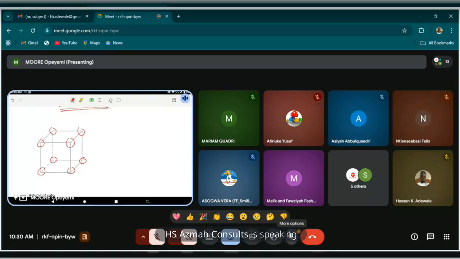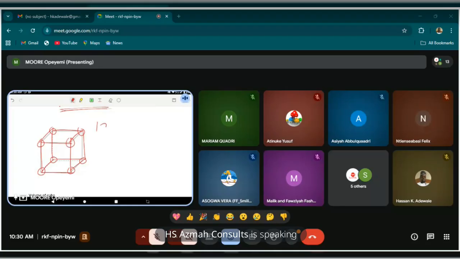Now, when we are talking of the edges, this is an edge. This side, 2, 3, 4, 5, 6, 7, 8, 9, 10, 11, and 12.